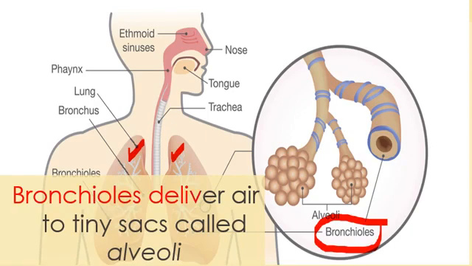Bronchioles deliver air to tiny sacs called alveoli. So there are about 145,000 terminal bronchioles which end in a cluster of sacs called the alveoli. So as you can see in the picture, there is a cluster of sacs at the end of the bronchioles.